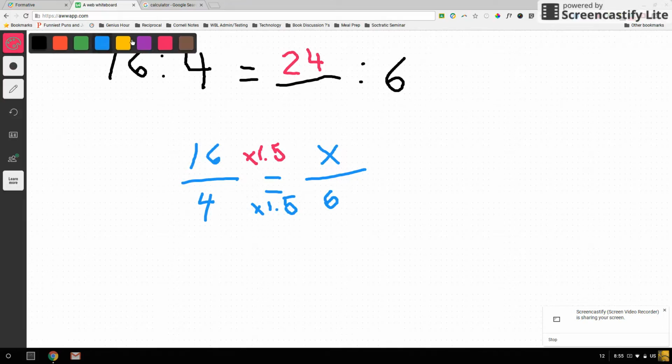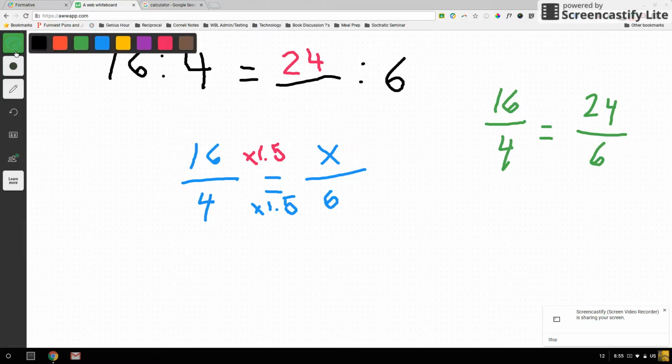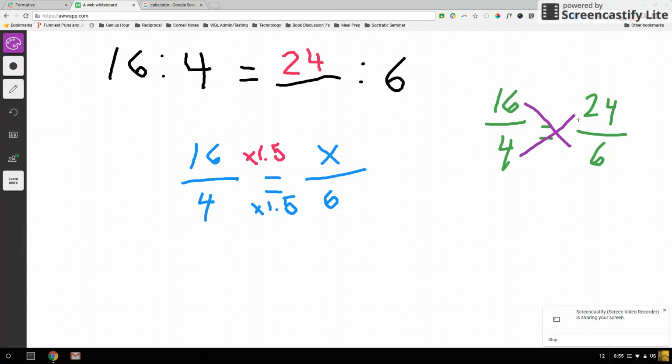But I want to double check just to make sure that these ratios are equivalent. All right. I have 16 over 4 equals 24 over 6. And remember, to check to see if two ratios are equivalent, you cross multiply.